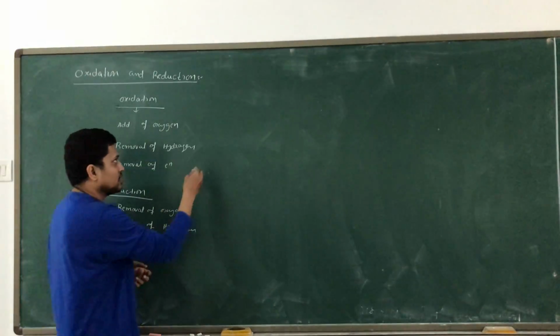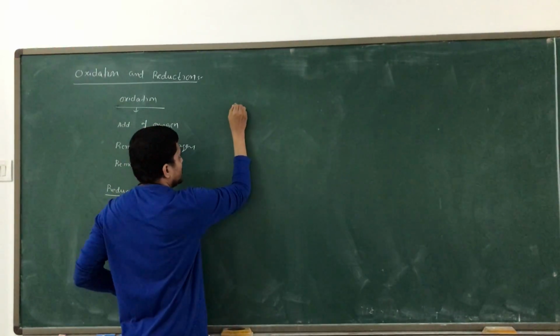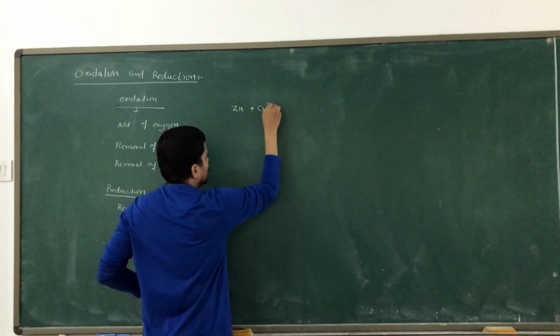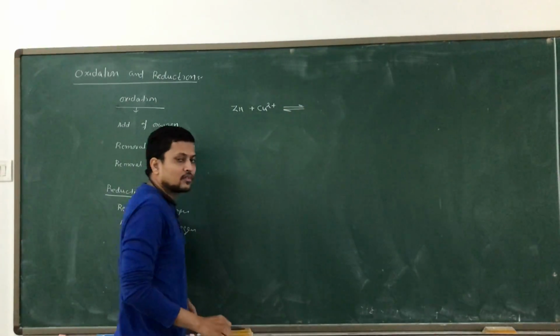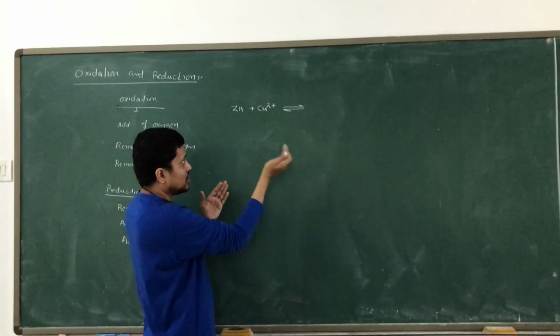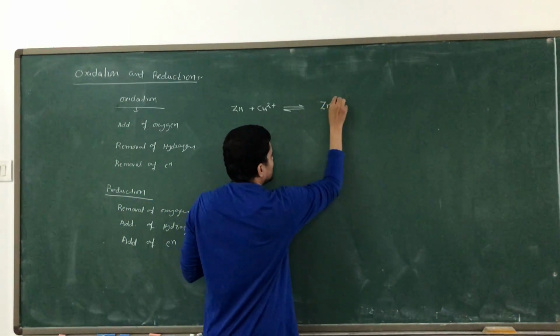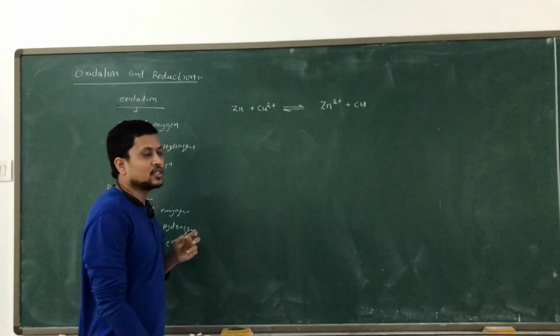For example, suppose I write this reaction: zinc plus copper 2 plus. Suppose this is a reversible reaction in which the product can also be converted to reactant. So in this, zinc is converting into zinc 2 plus and copper.